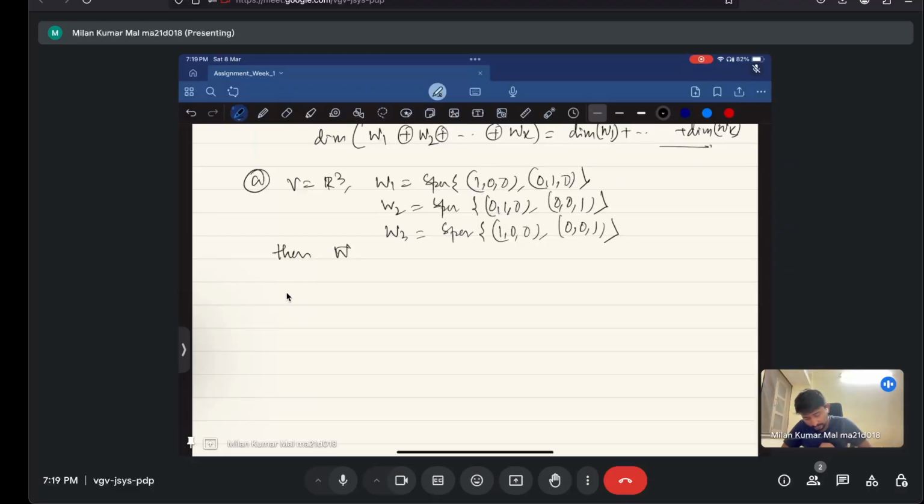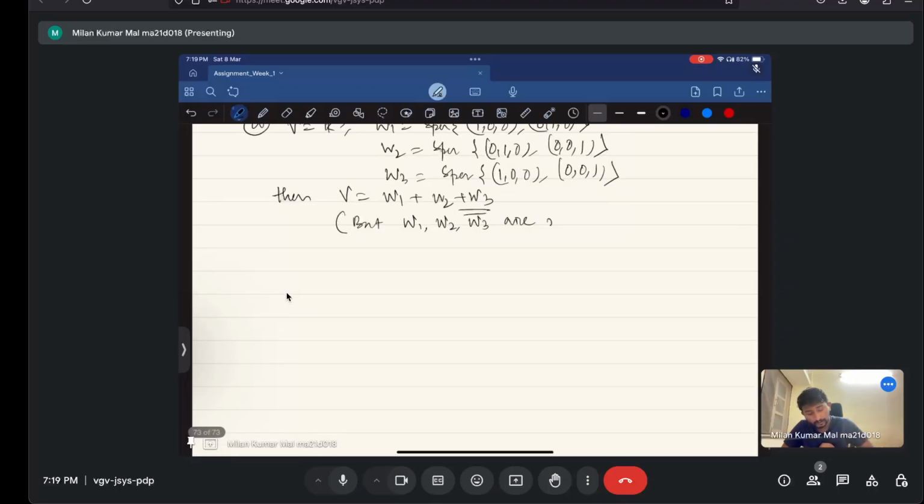Then clearly V is equal to W1 plus W2 plus W3, but W1, W2, W3 are not linearly independent. Therefore, they are not independent.